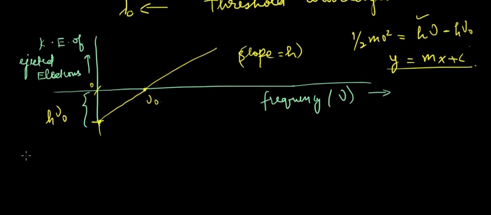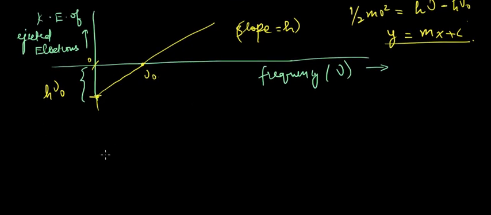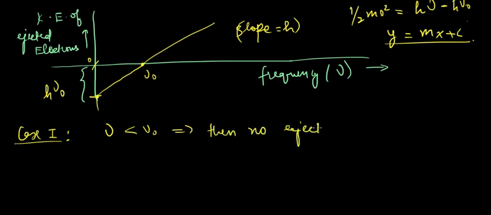So three cases come up here. If nu is less than nu naught, then there is no ejection of electrons from the metal surface.